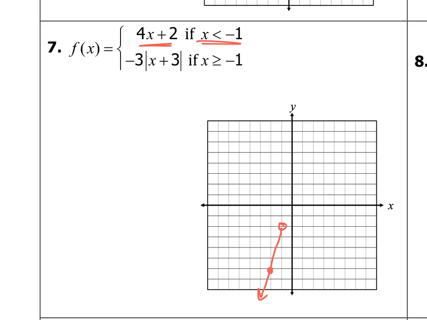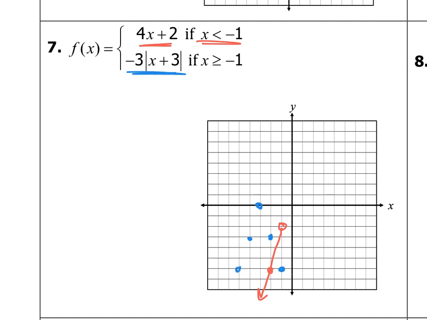Now that's the top one. The bottom one is this dude right here. I'll do it in blue. Now typically speaking, you'd go left 3 and it would be on the axis there. So it would be like right there. And then it is down 3 over 1. 1, 2, 3 over 1. And then it would be the same thing on the other side there, so it would kind of look like this, and it would be a V-shaped thing like that.